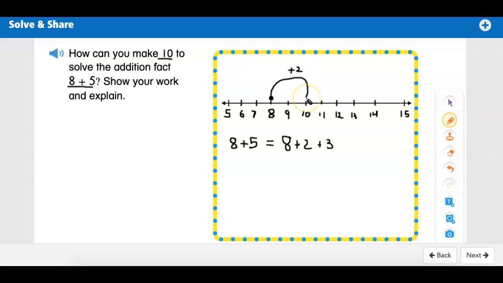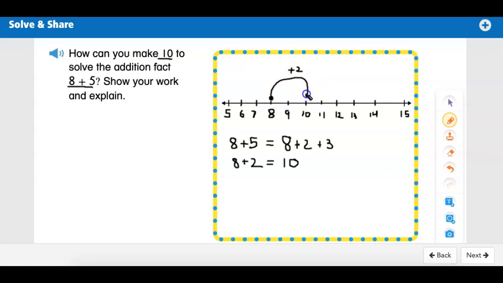That would get me to 10. So on your paper, we could write 8 plus 2 equals 10. Because we just showed that on our number line. If we started at 8 and added 2, that would get us to 10. But remember, I'm adding 8 and 5, so I still need to add 3 more.